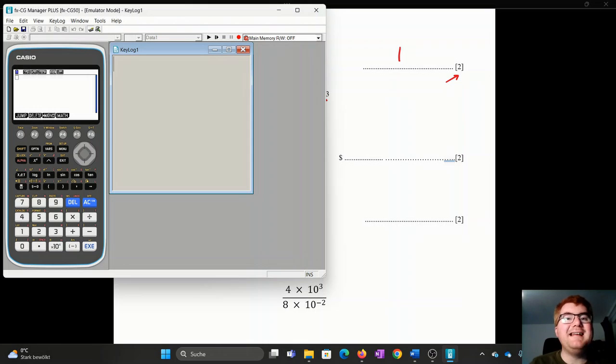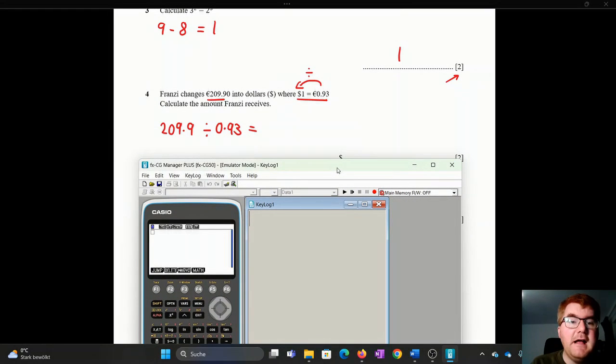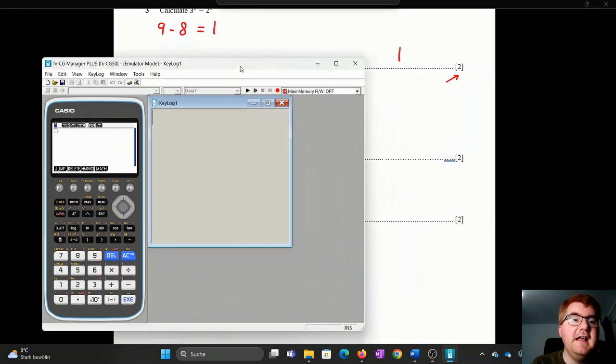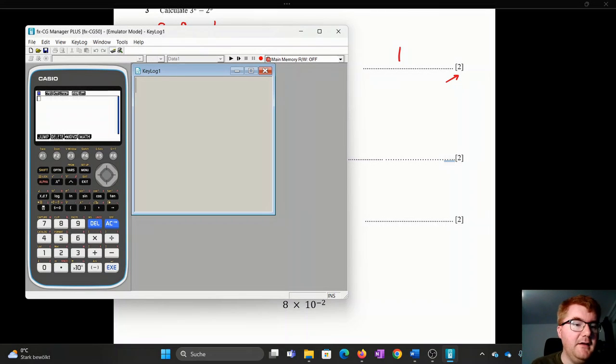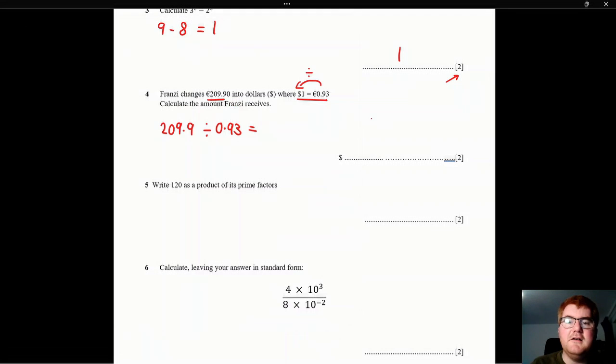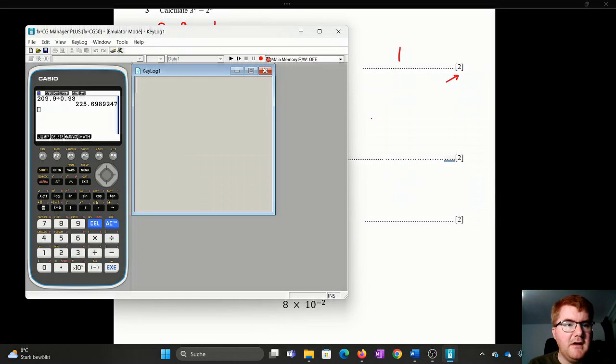Okay, so I've got my calculator here very, very handily. So make sure you've got your calculator ready for this particular predicted paper. And we need to do 209.9 divided by 0.93. So we pop that into the calculator and we do divide by 0.93. And you'll see our number here is 225.698. Again, I'm going to write down all the decimals in my display to make sure that I've got that there.